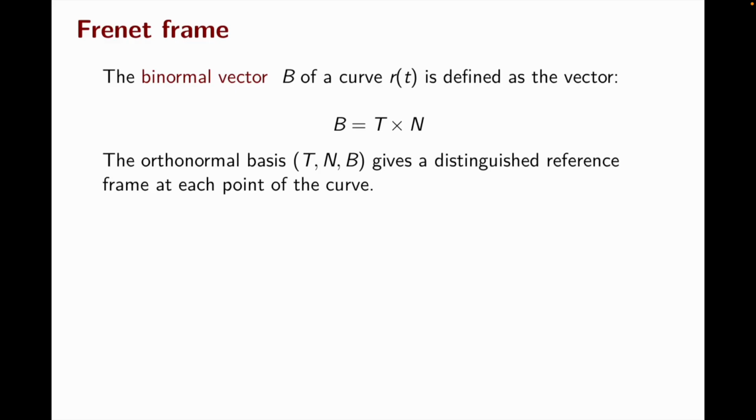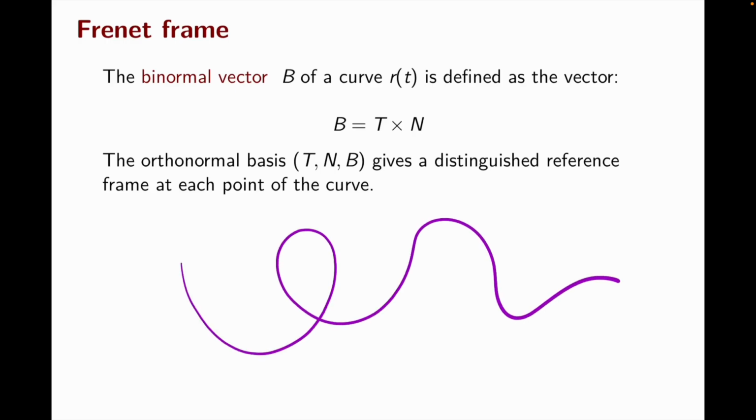In fact, it's a basis at each point of the curve. I mean, if we are given any curve, at each point of the curve, we are going to have a basis there formed by the tangent vector, the normal vector, and the binormal vector.